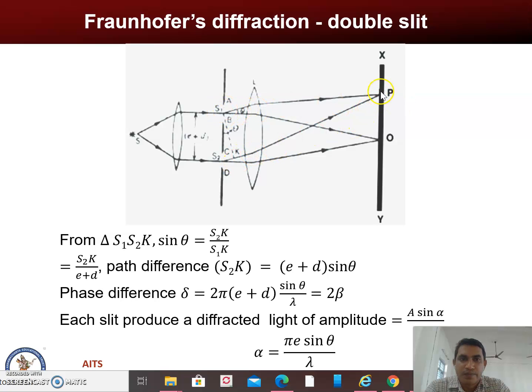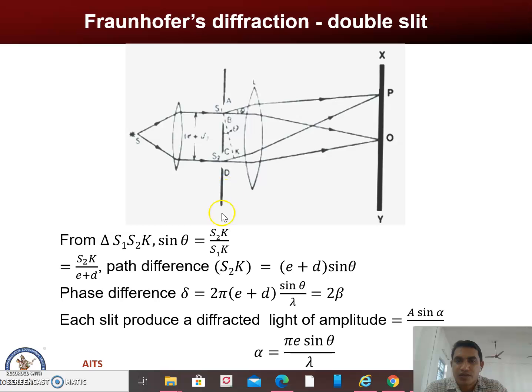S1P and S2P have the same phase, with some phase difference, that is S2K. S1K is the normal line drawn from S1 to S2P. Now we have to find S2K, the path difference between these two rays S1P and S2P. For that we draw a triangle S1 S2 K. Here sin theta is equal to S2K by S1K.